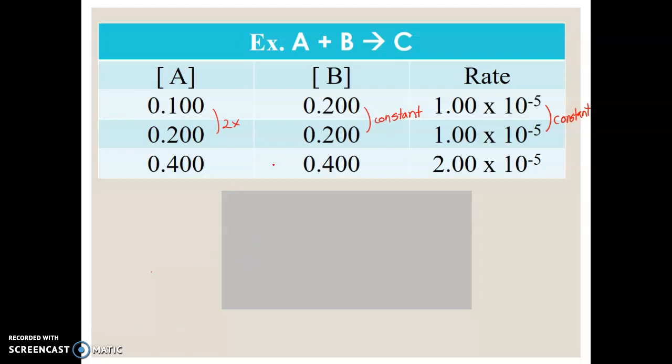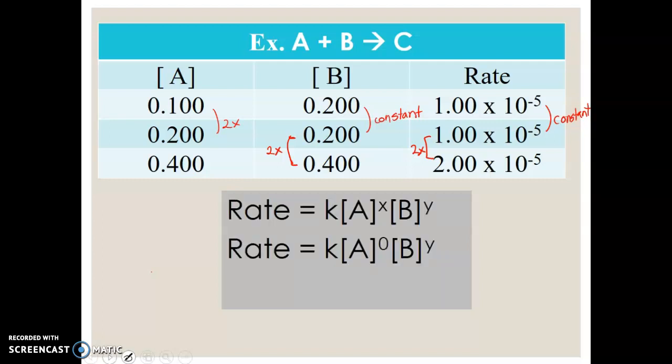Where then here, with B, this is doubling, and it is also doubling the rate. So this is going to be first order in respect to B. So rate equals K times the concentration of A to the 0 power, B to the Y power, and that Y power is 1.